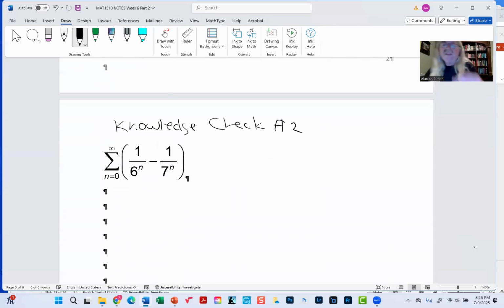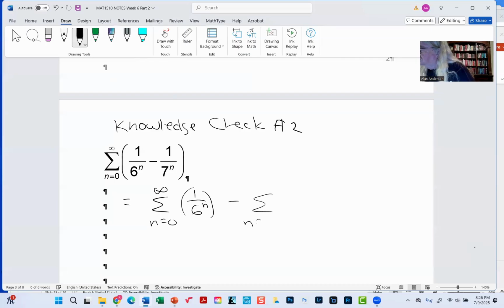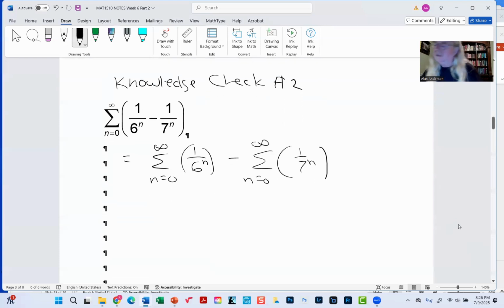And so based on the properties of the summation operator, we can rewrite this, and of course, the way it's written, you can rewrite it like this.